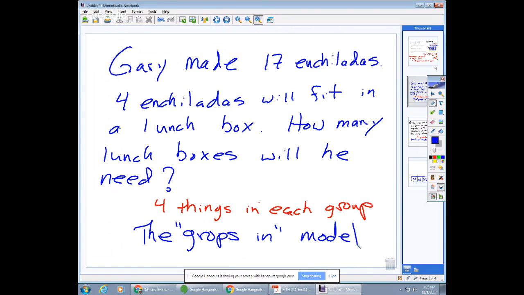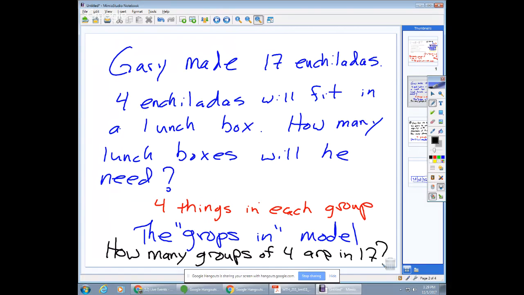I don't know the partition yet. So every model we use should lead us to ask a question, and then somehow we physically work through that question to get an answer. So that's what a model does.